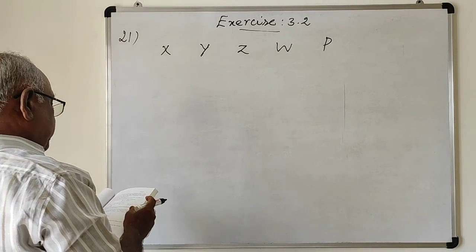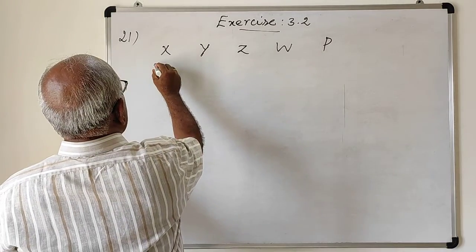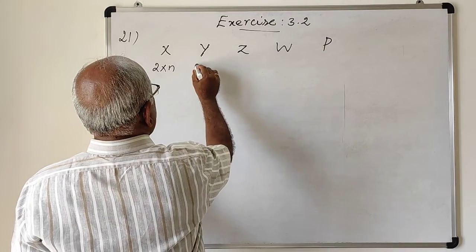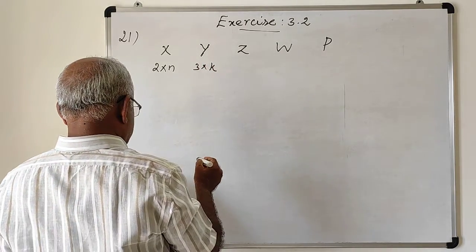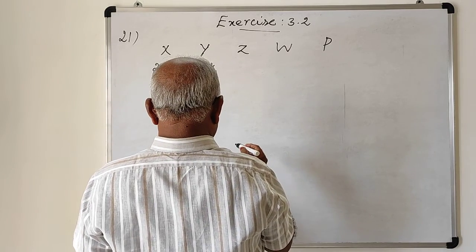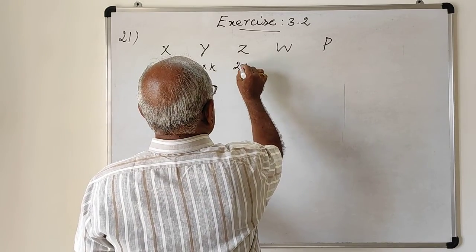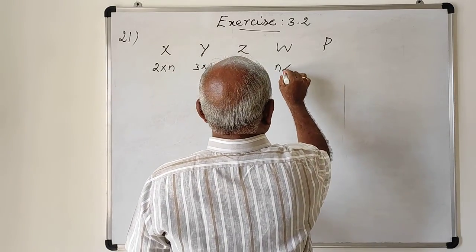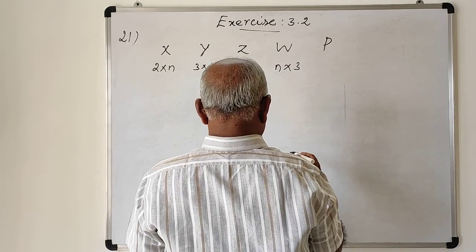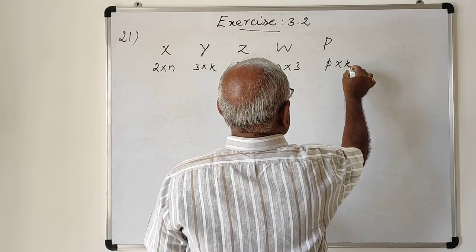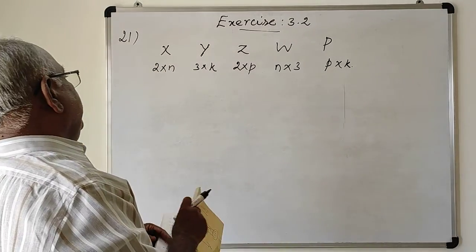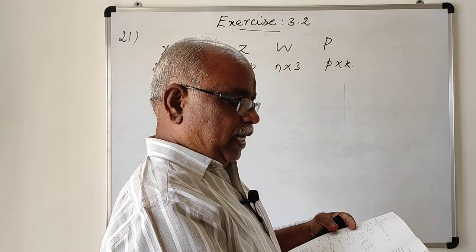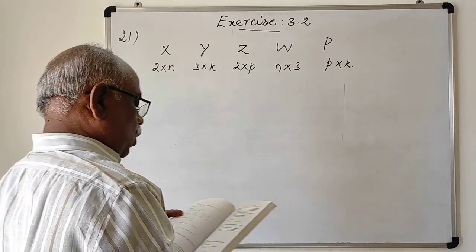X is of order 2 by n, Y is 3 by k, Z is 2 by p, W is n by 3, and P is of order p by k. These are the five matrices given in the problem. Choose the correct answer from the following.